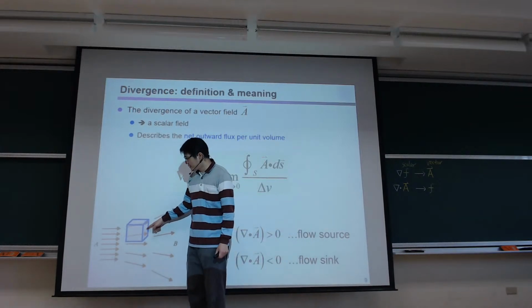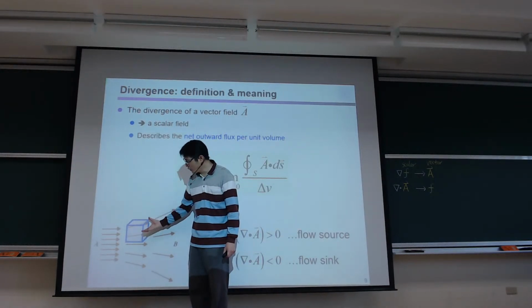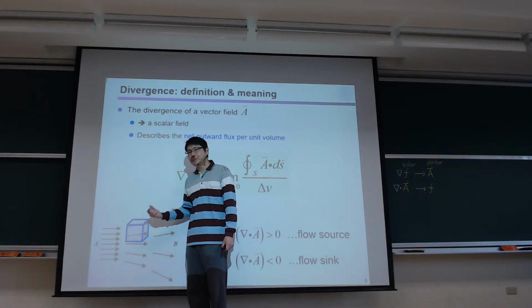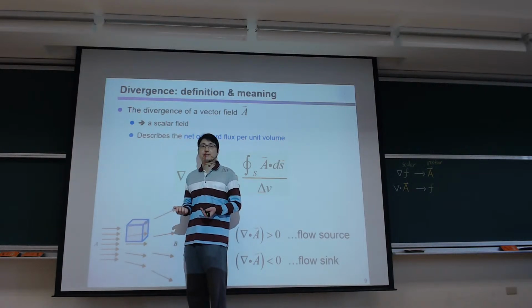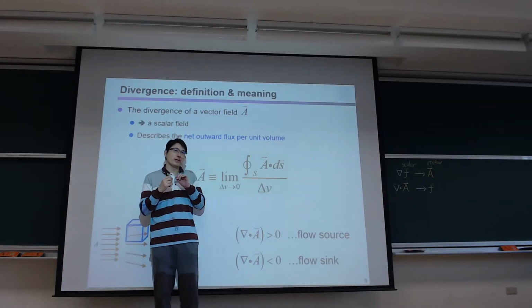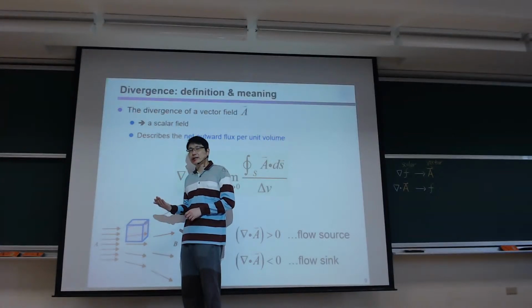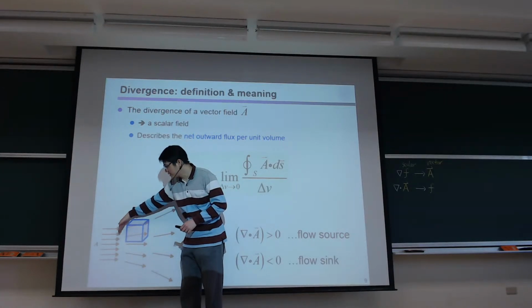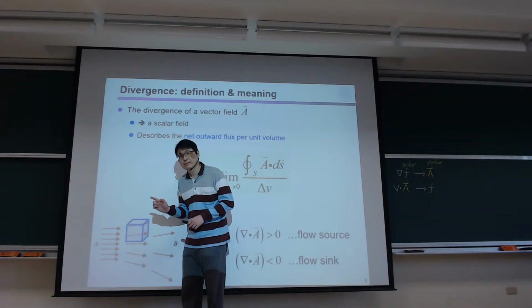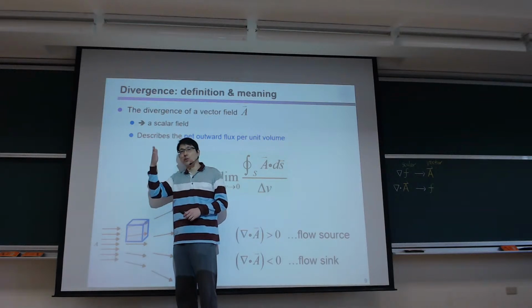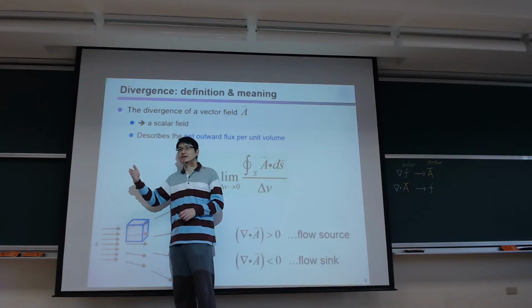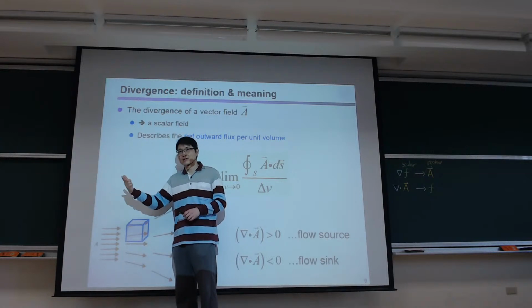So in this example, I have a small cube, right? The cube has its value, but for the cube, how many surfaces do I have? 6, right? So according to this definition, if I really want to calculate the divergence of A within that value, I need to calculate all the outward flows or flux on all 6 sides. I calculate the flow for one surface, and then I have to add the outward flow of the second surface, and so on.